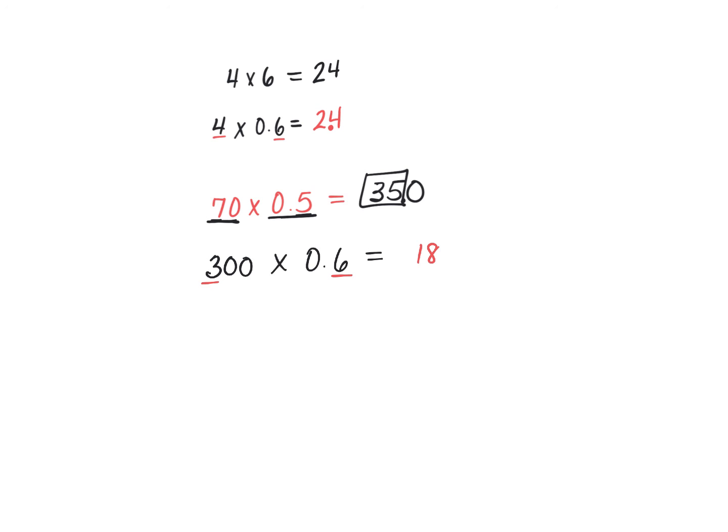I just have to determine their place value. So 300 is 100 times bigger than 3, so I'll make this 100 times bigger. But 6 tenths is 10 times smaller, so I need to make this one place value smaller, which makes it 180. This will take some practice, and we'll be doing a bunch of that this week.